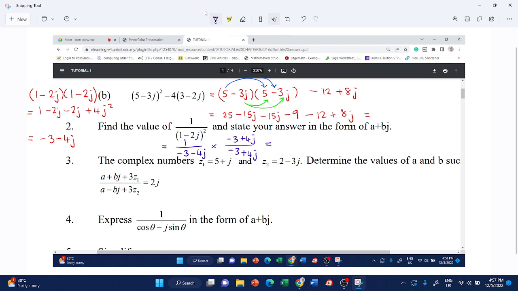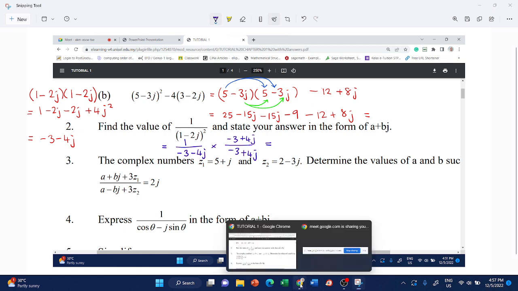We do left hand side. For A plus Bj, it remains the same because A and B are unknown, right? Correct. Let me open this first.